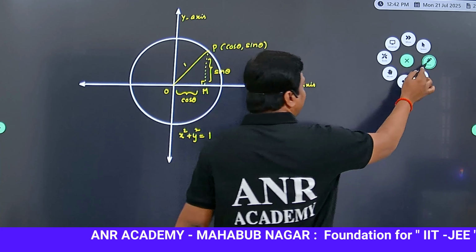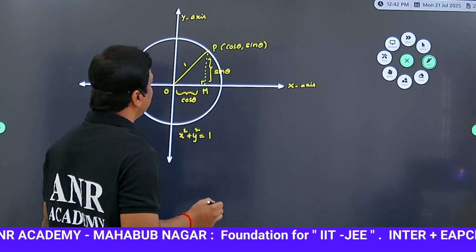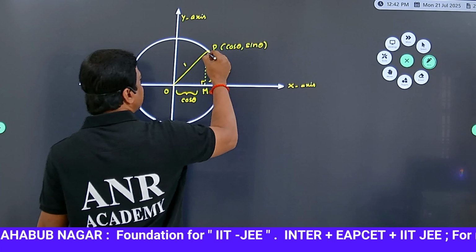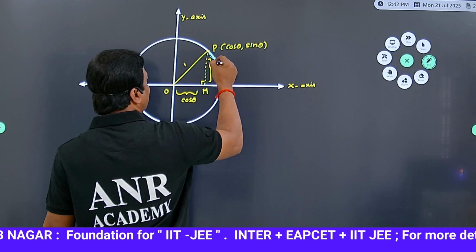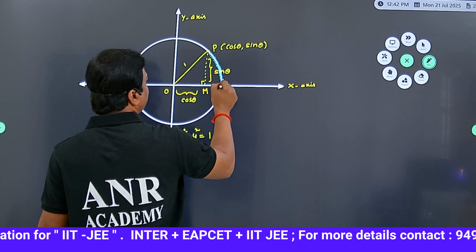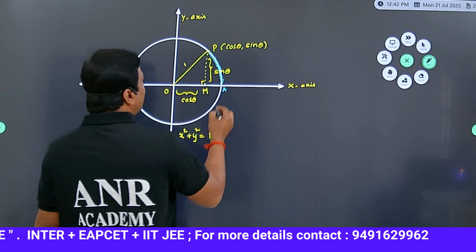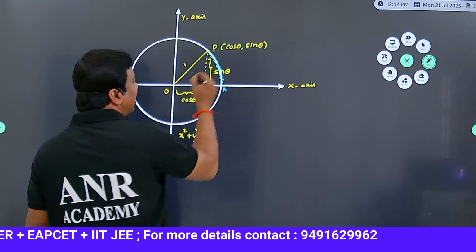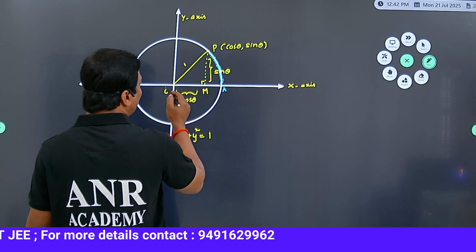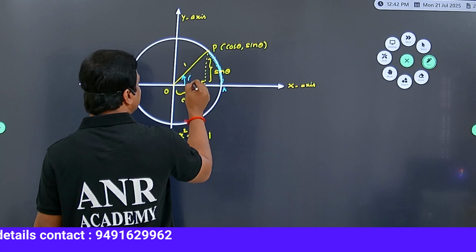On the same diagram, let us observe. Here it is the distance P to A. Observe the distance P to A. It is the length of the arc. And here the angle made by OP with the positive direction of the x-axis in the counterclockwise sense is clearly theta.